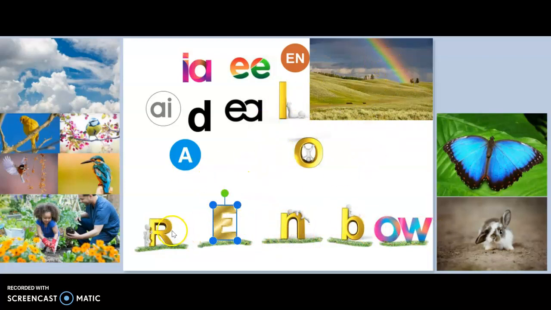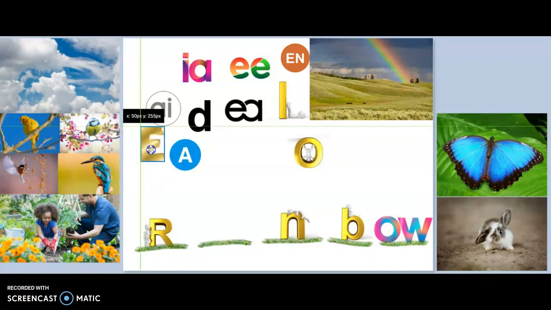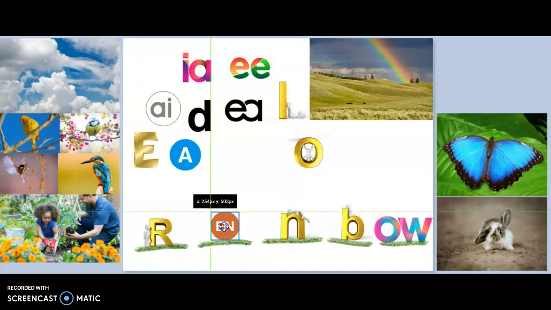This is rainbow, English word. And if I put this here, that doesn't work. So I'll put that aside. And same with this. If I was going to do this, again, nope.